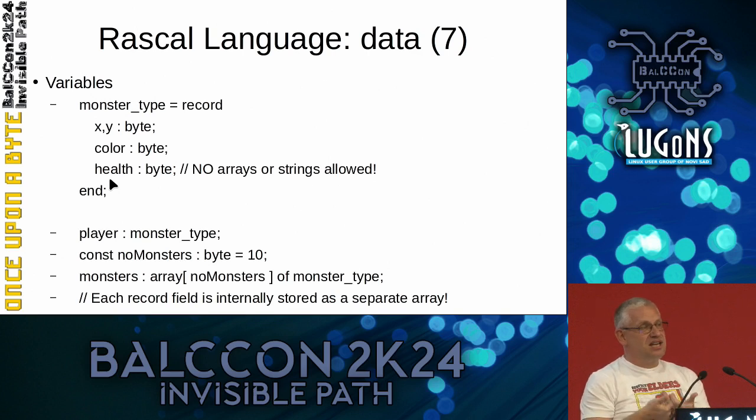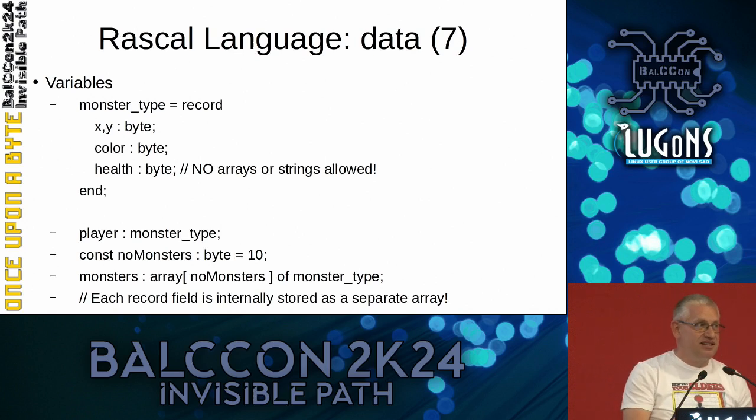Well, the reason is that 8-bit CPUs can have relatively fast access to arrays of bytes, but a really slow way to address something that is not a multiple of 1 or 2, which is usually records. And the reason why it's done this way is to speed up the code.